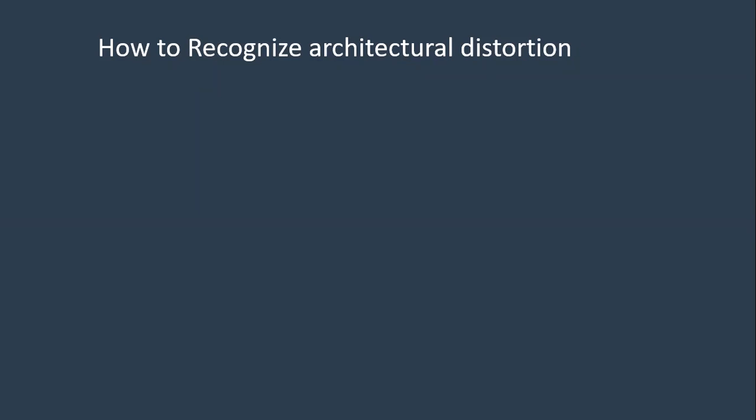There is also associated so and so. This is the architectural distortion. Then, how do we recognize it?